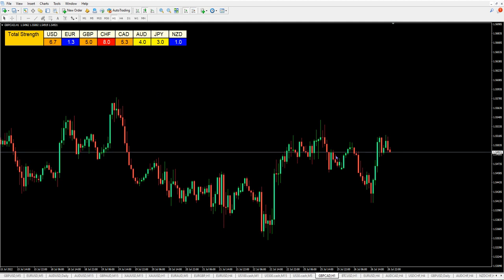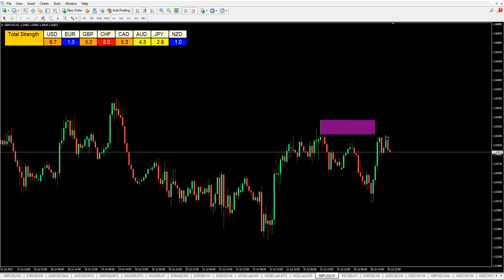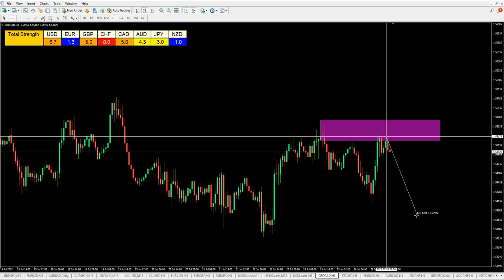So this can be used to filter out basically low probability trades. So for instance, as we see price coming up into this zone, this supply zone that broke these lows, obviously price action and market structure could tell us that we could still continue to see a downside.